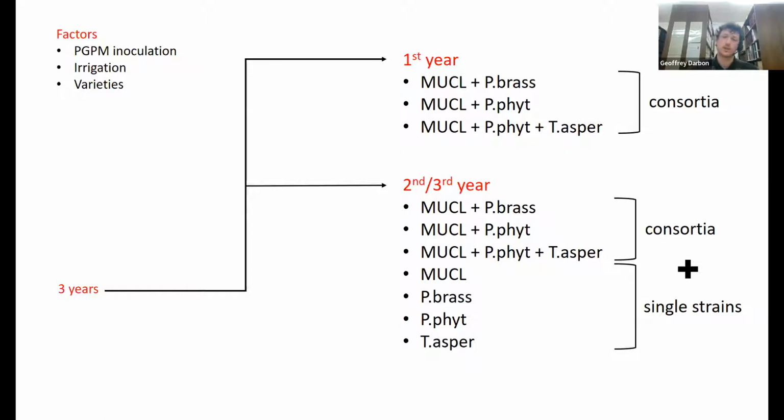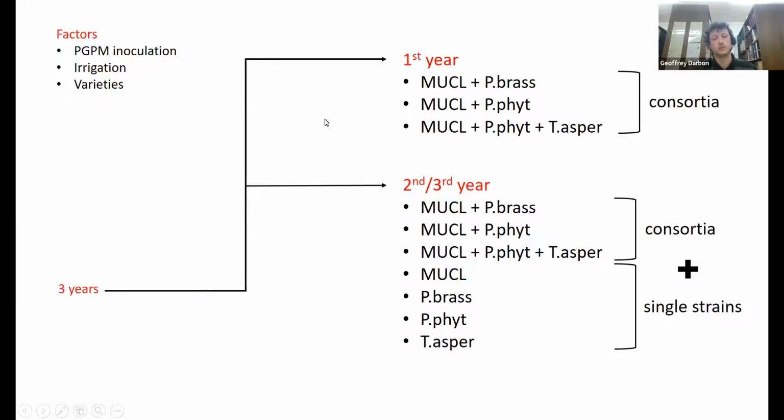For the first year, these three consortia were selected. I think we had two in common, Jean-Pierre, the AMF and the Pseudomonas, and the AMF and the Parabocolderia. But we also had one consortium with three microbial strains: the Rhizophagus, Parabocolderia, and Trichoderma.